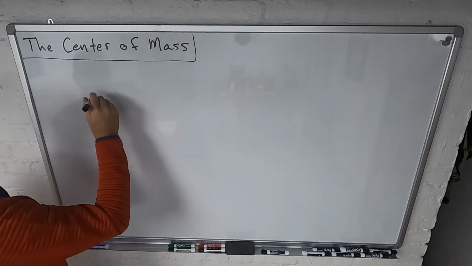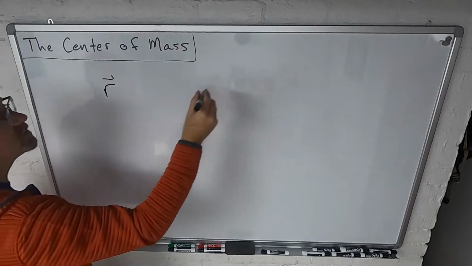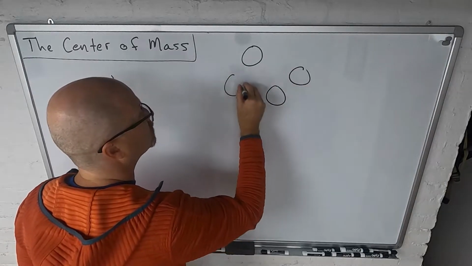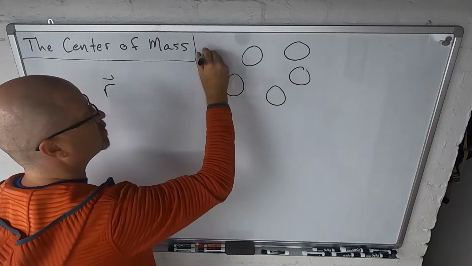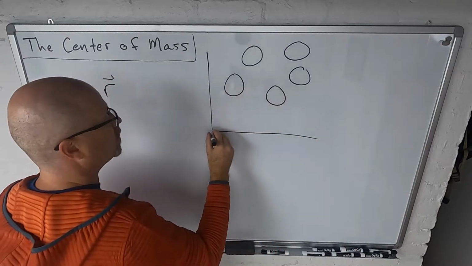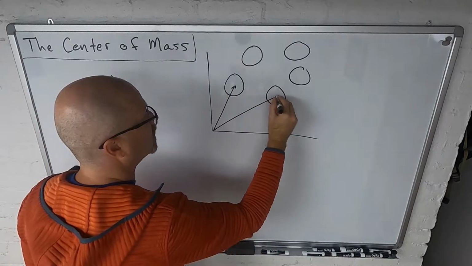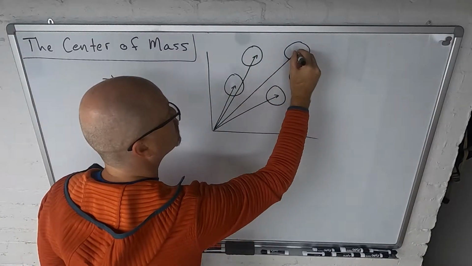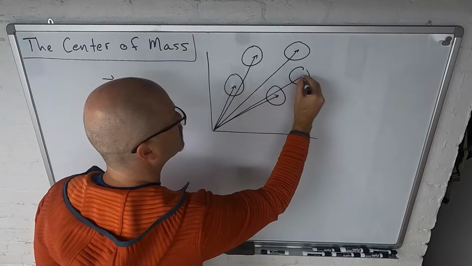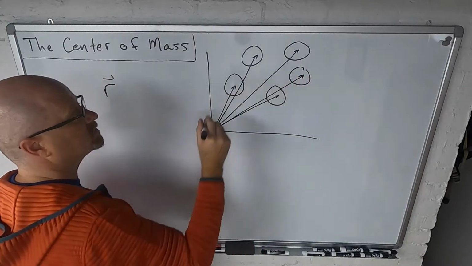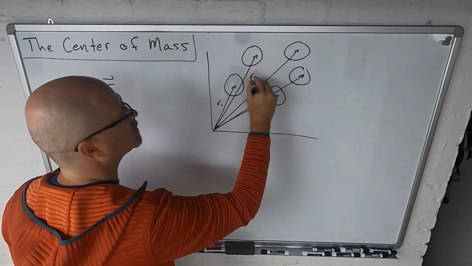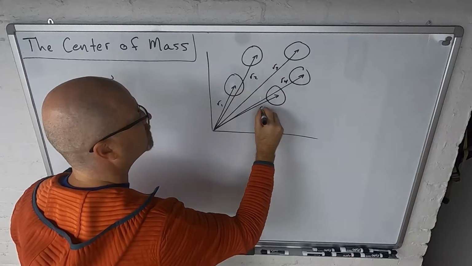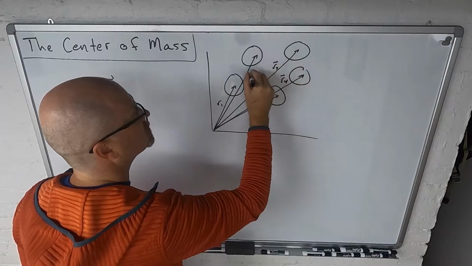And if all of those points are mass points, so if we imagine we have some series of mass points, and we know all of the locations of all of these objects, we can easily write down the vectors that describe the positions of the centers, R1, R2, R3, R4, and R5 of all of these points.